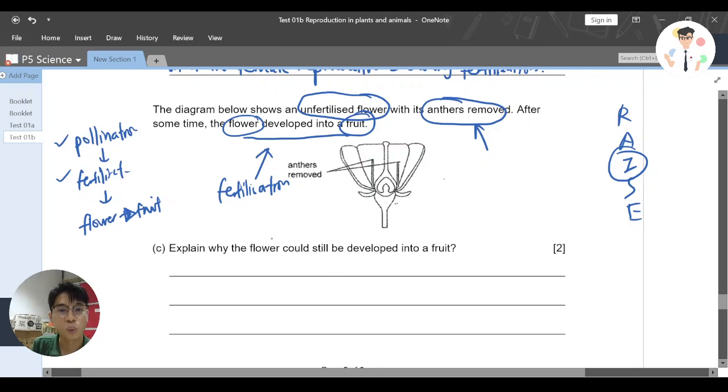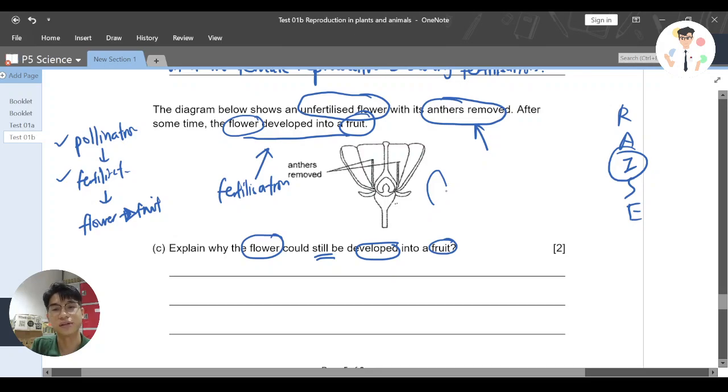Now, explain why the flower still could be developed into a fruit. So we know that the anther is being removed, so pollination seems like it is being affected, because there's no anther to produce, store and transfer. But again, we know that there's something called self-pollination and cross-pollination, right?